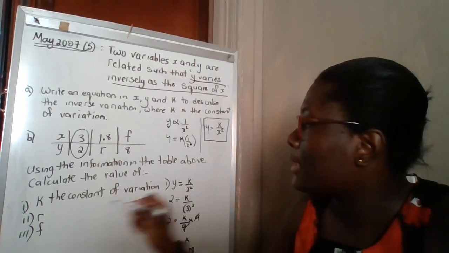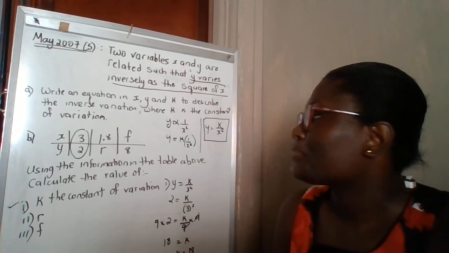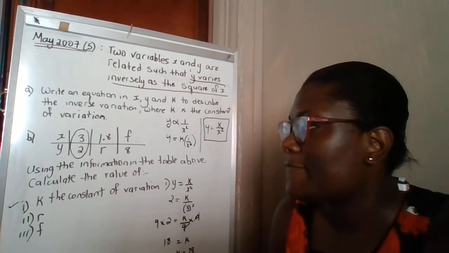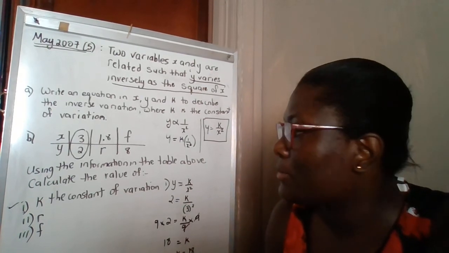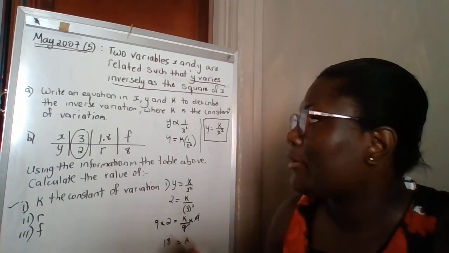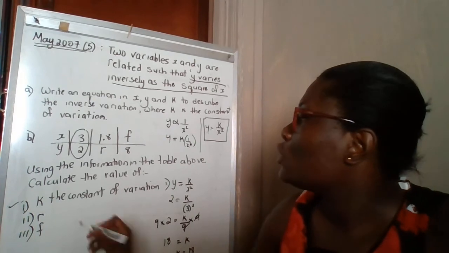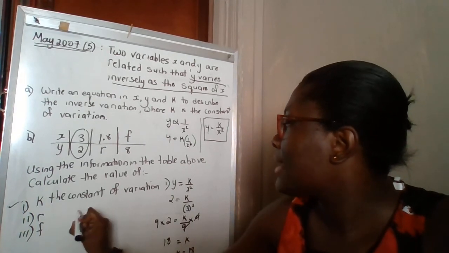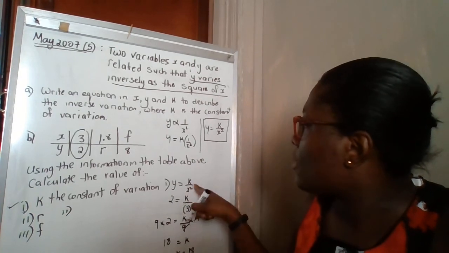Now we have done this part of the question, which is part 1. The next thing now is to find number 2, represented by i. Now we're finding R. R here is represented by y. So again, for number 2, let me write it here. We're going to write our formula.